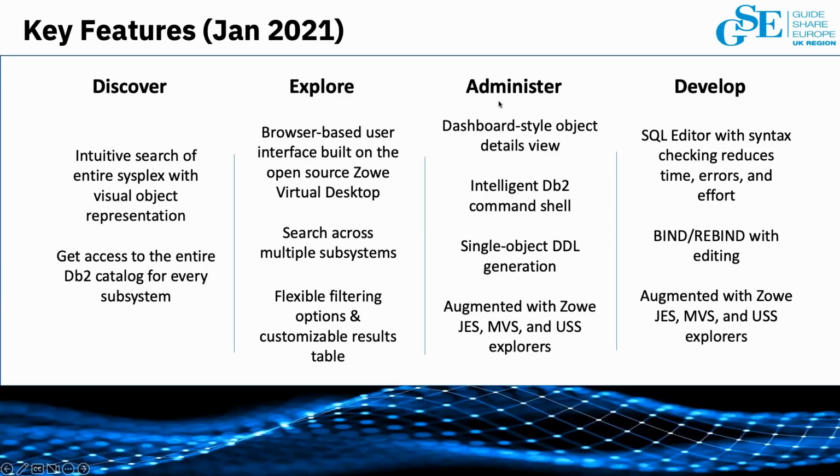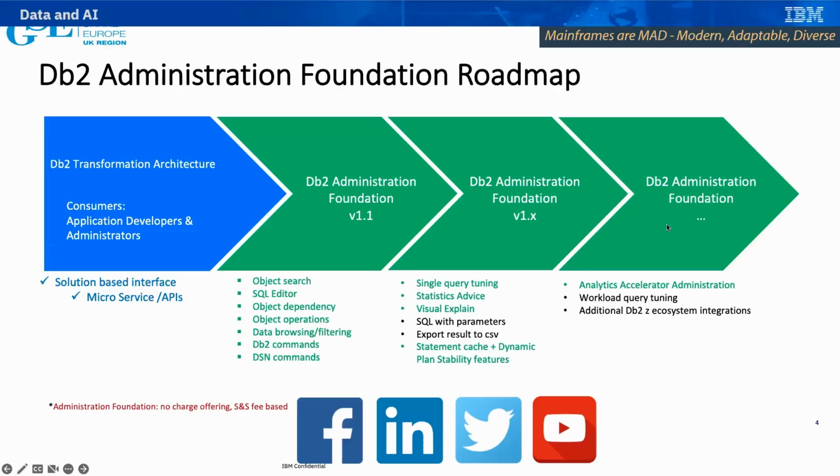And I say we've done bind, rebind. And again, we're going to see most of these, in fact all of them, I remember, have got time. So that's what we've got at the moment, and this is what we've got planned or has actually been delivered. We're about to be at 1.2, I think, but at the moment we've incorporated into SQL editors, DB2 DSN commands, as I've said.